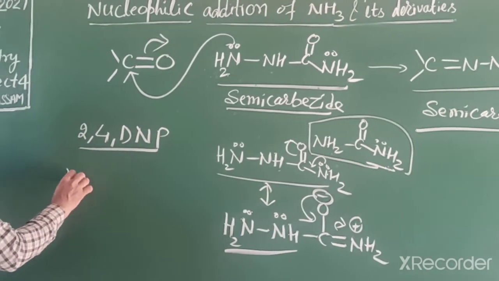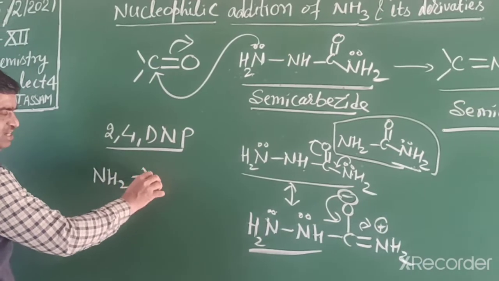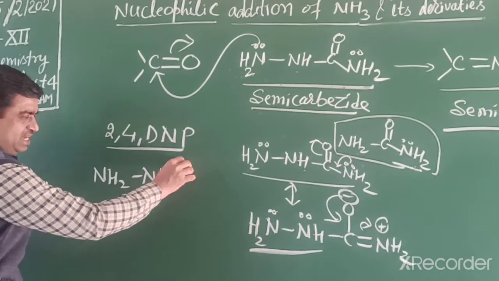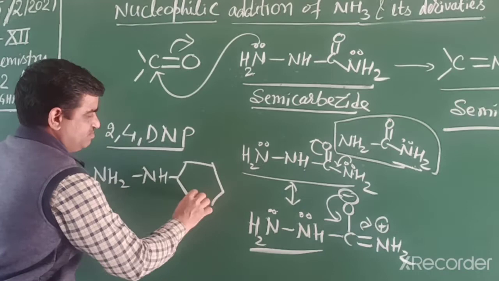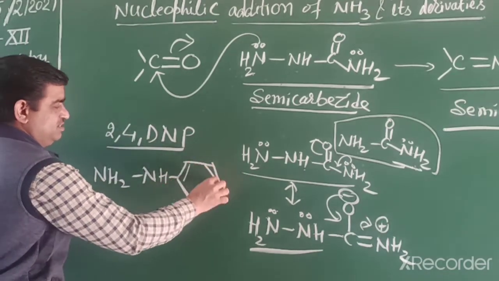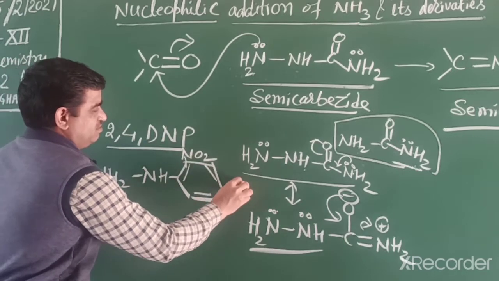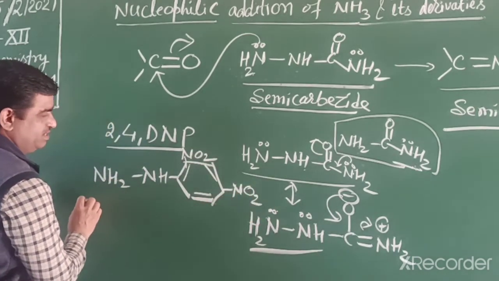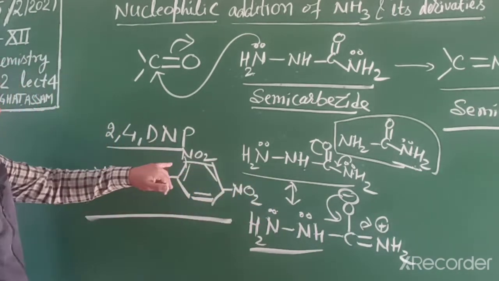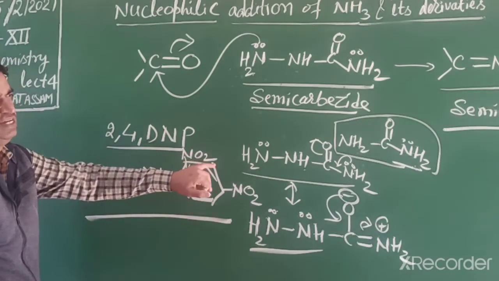This reagent shows a characteristic reaction. For 2,4-DNP, at first we write hydrazine attached to a phenyl, and this phenyl is further substituted with NO2 groups, numbered in this way: 2,4-dinitrophenyl.